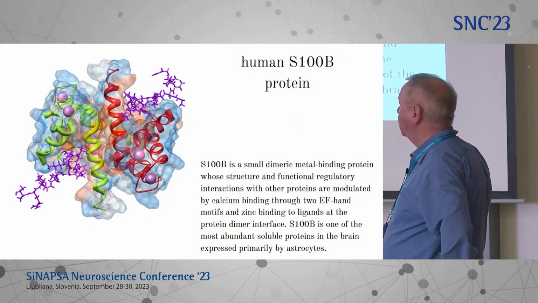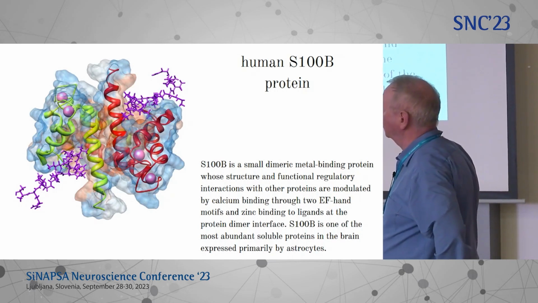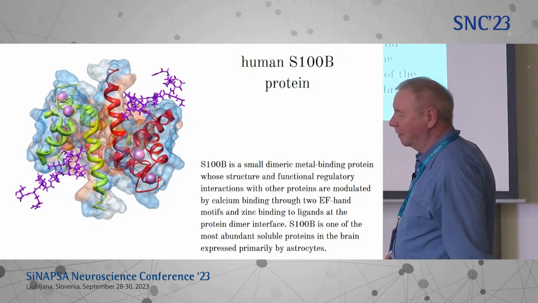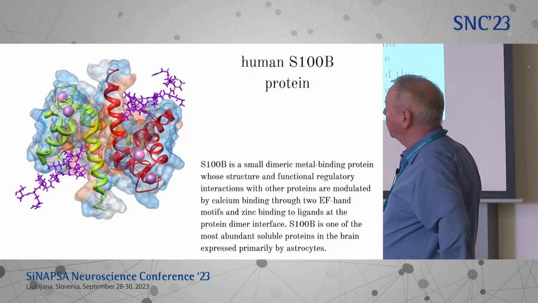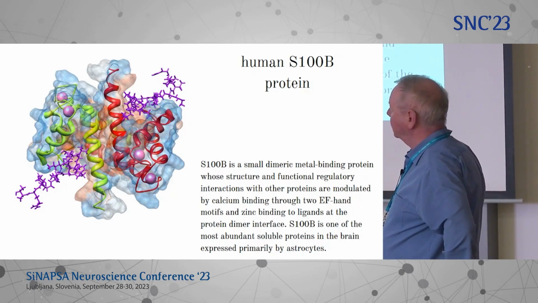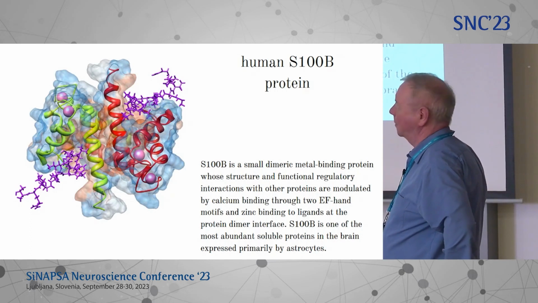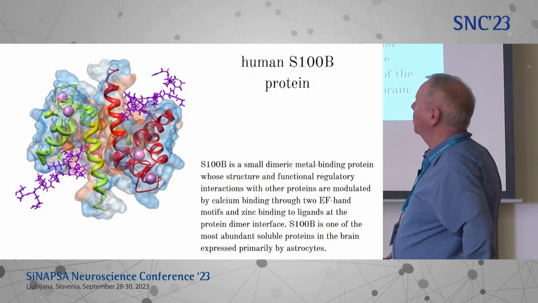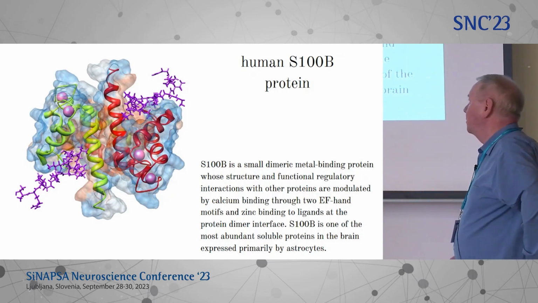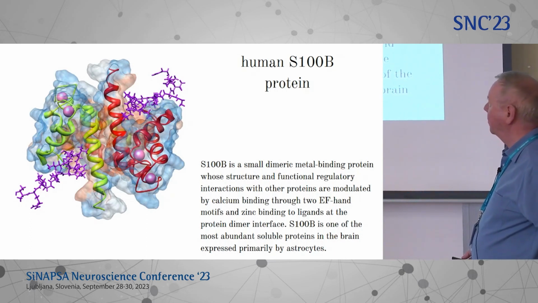The C-terminal loop is, let's say, canonical, 12 amino acid residues long, and the N-terminal loop is the quasi-EF-hand, a specific loop which contains 14 residues instead of 12.